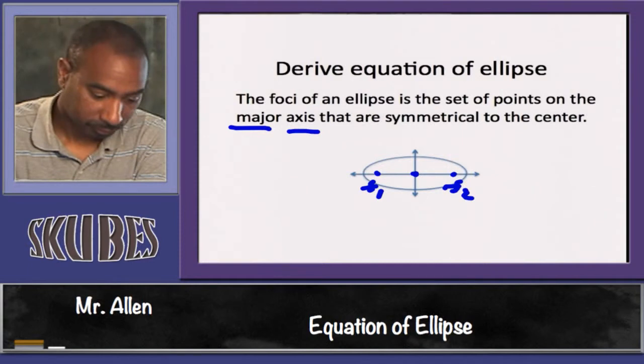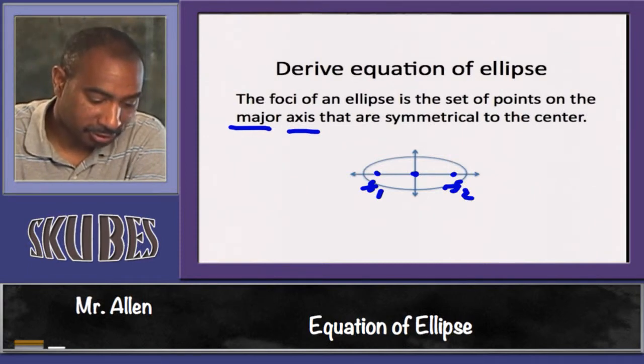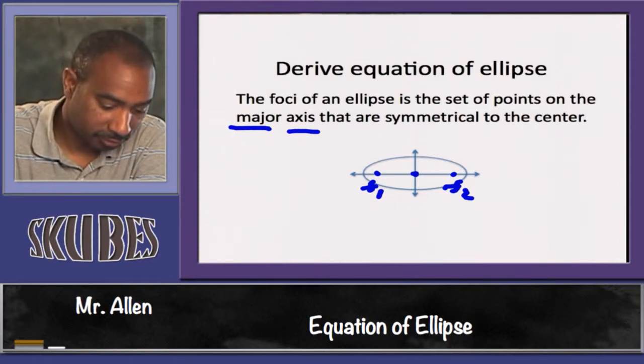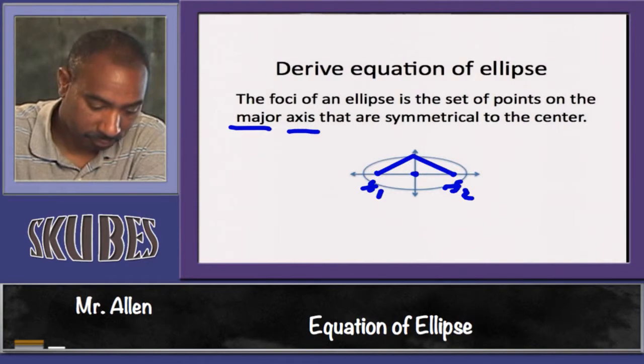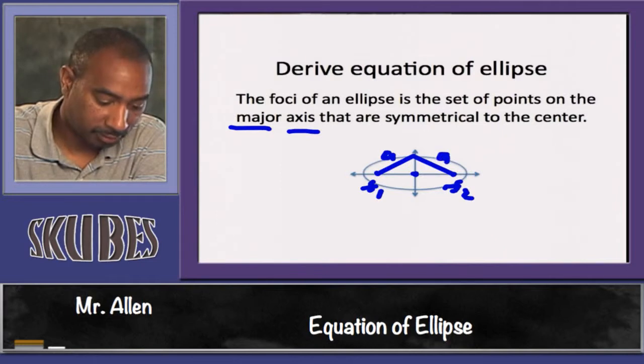And since it's symmetrical, this y-axis is going to split it into two even parts. So, for example, the distance here is going to be the same as the distance here. So let's say this has a distance of a. This is going to have a distance of a. And let's say the vertical height is b.